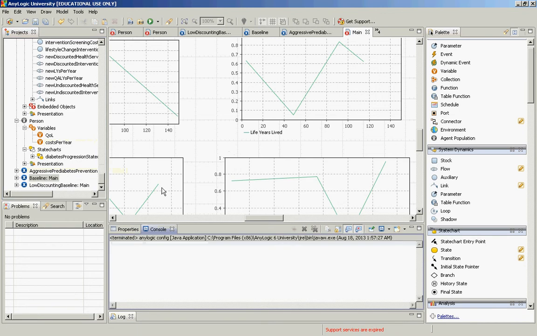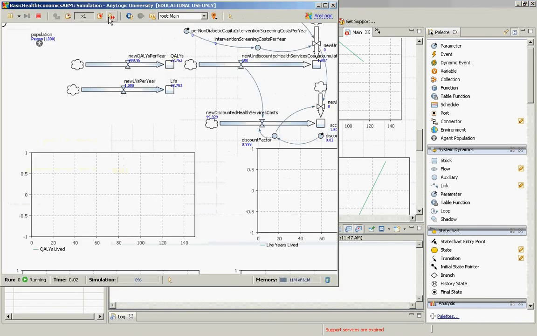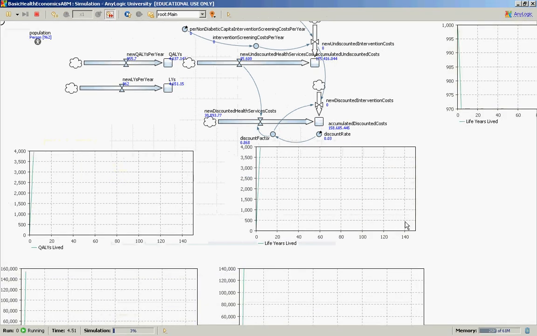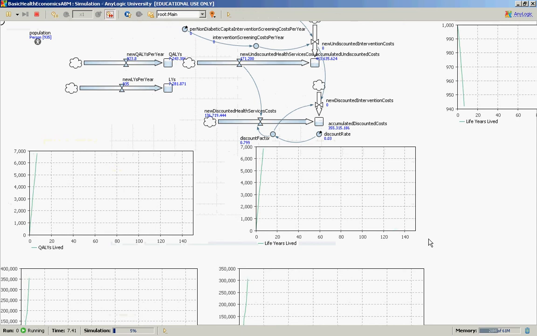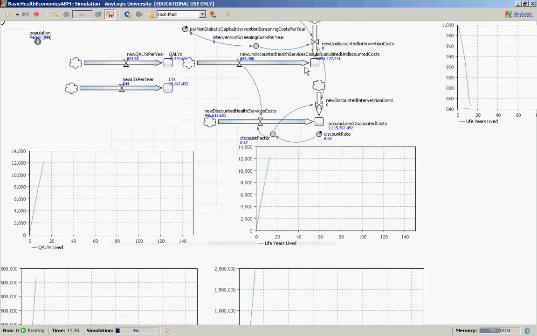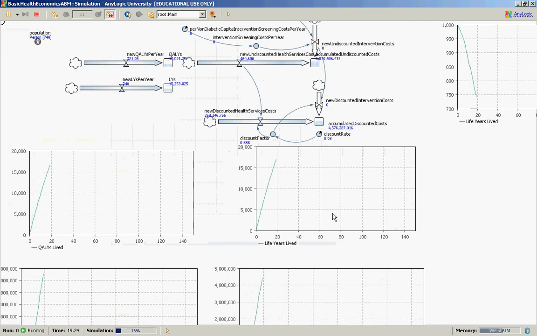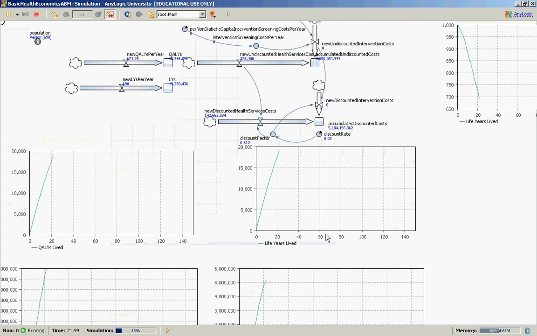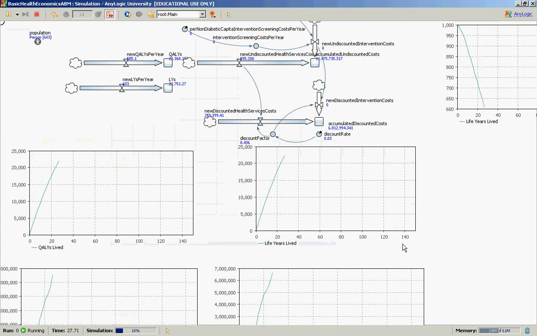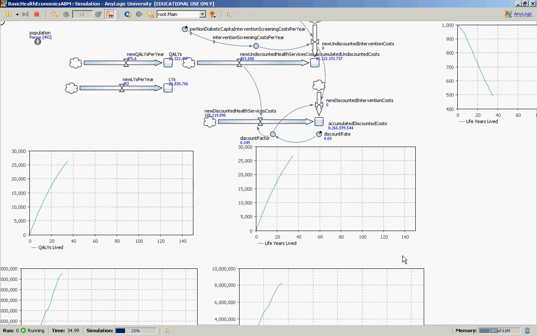Here we have a situation where we have qualities accumulating, life years accumulating. We also have undiscounted costs and, in fact, discounted costs. And you'll notice that the discounted costs, as we might expect, are lower than the undiscounted costs for the corresponding time.